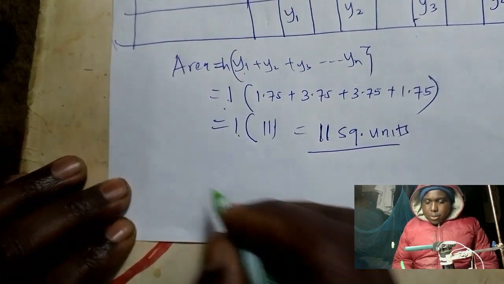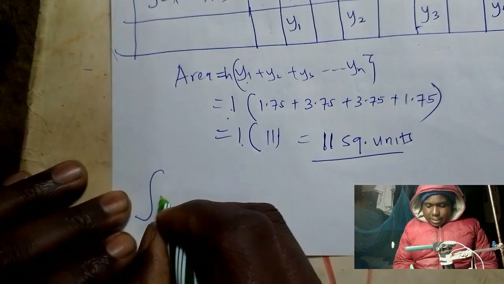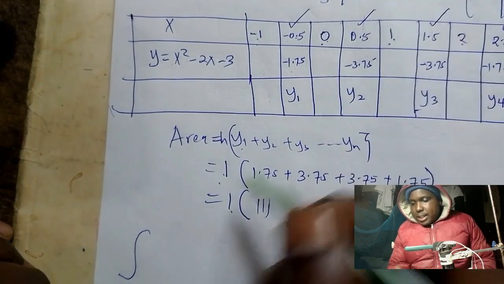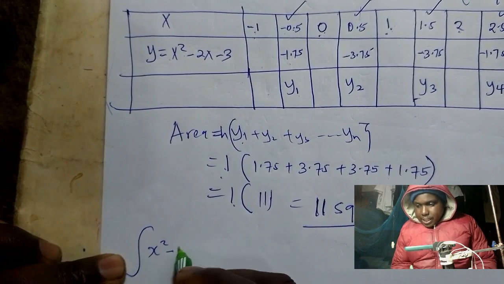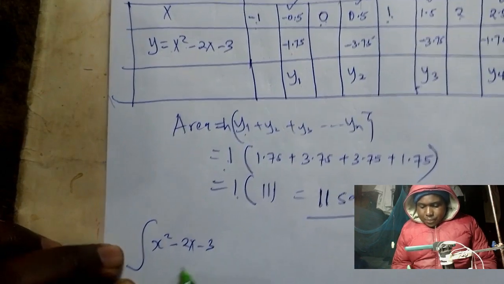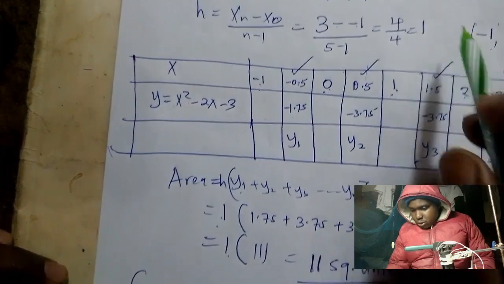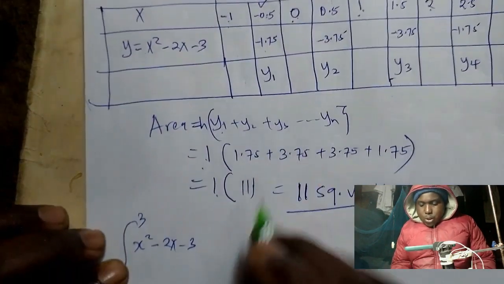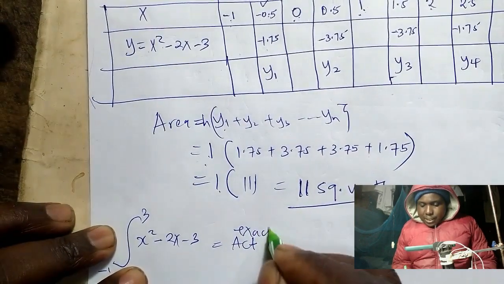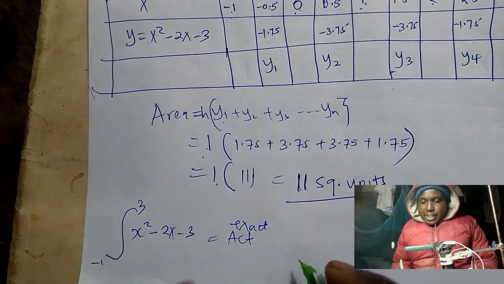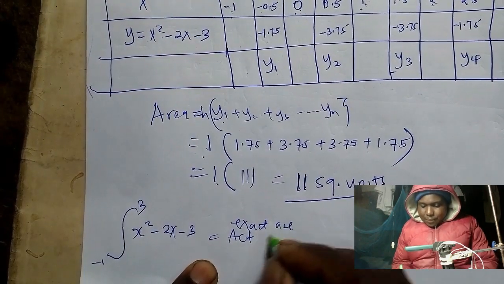So when you integrate this curve, you will get x square minus 2x minus 3 from -1 to 3. You will get the exact area.